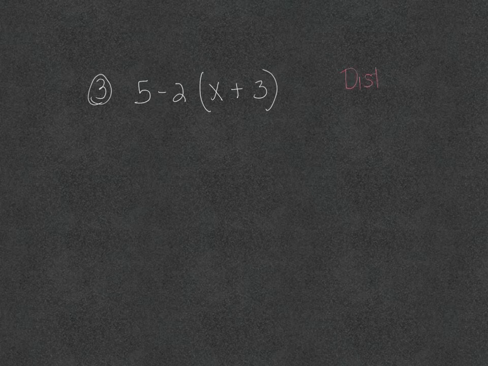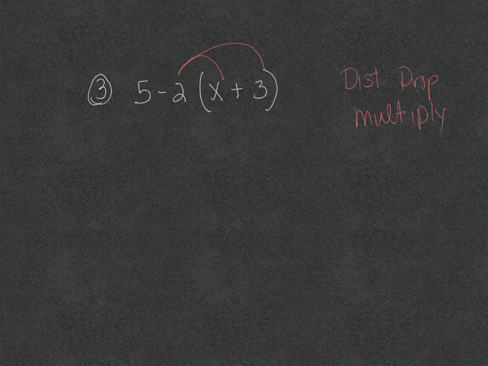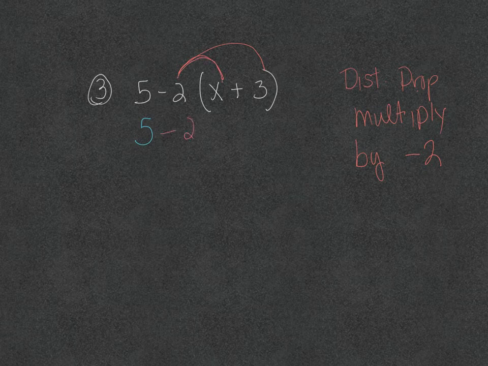I'm going to need to be very careful here, because I need to make sure that I am multiplying by a negative 2. So I'm going to drop down the 5, and then do the distributive property: negative 2 times x, negative 2x, and then negative 2 times 3, negative 6.